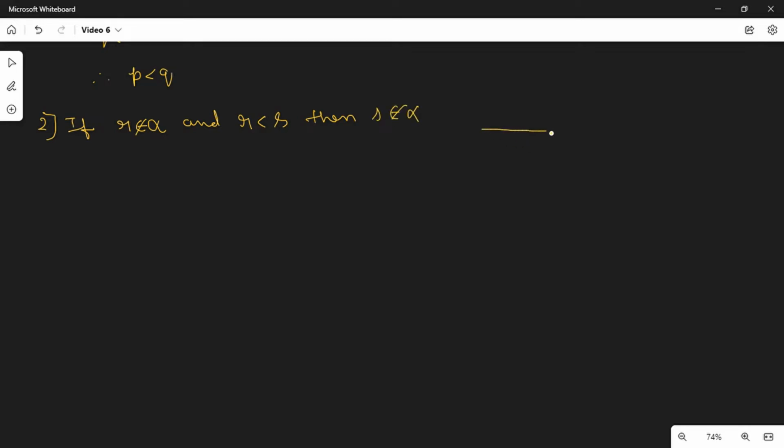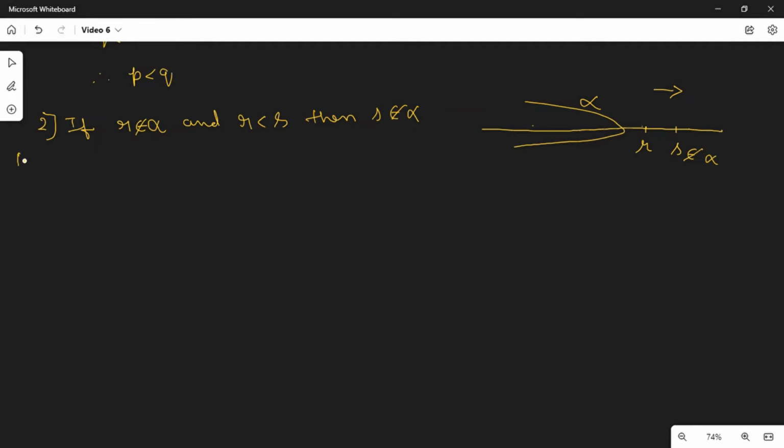Again, this is much easier than the previous one. This is alpha here. If R does not belong to alpha, the only possibility is that it lies outside. And S is greater than R, therefore it must be on the right side. So this is also not going to belong to alpha.